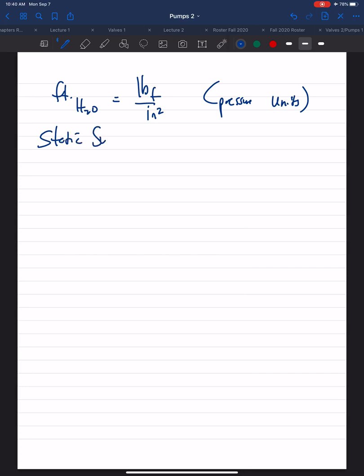So typical units we use here are feet or feet of water, like we just calculated, which we said are equivalent to PSI. They're all pressure units. So static suction lift, once again, keyword here is lift.